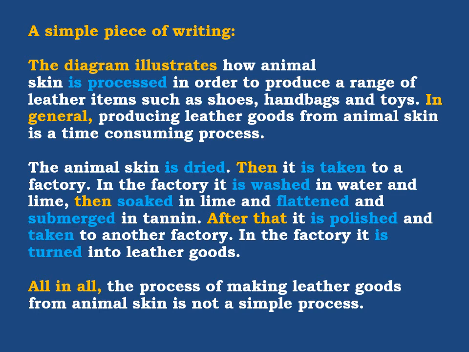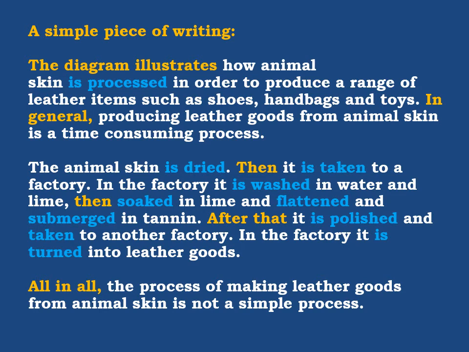Washing in water and lime, then soaked in lime, then flattened and submerged in tannin. Four steps together in one sentence. But if you find it difficult for you to put these, let's say, steps in one sentence, you can divide them into two sentences, or even you can talk about each step by itself in one sentence.